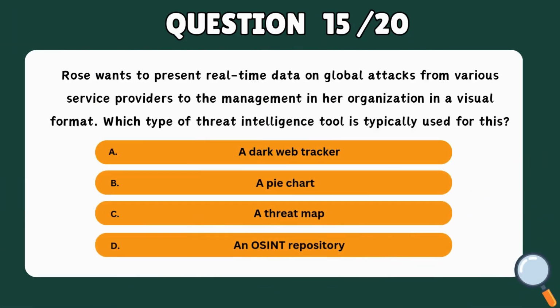Question 15. Rose wants to present real-time data on global attacks from various service providers to the management in her organization in a visual format. Which type of threat intelligence tool is typically used for this? A. A dark web tracker. B. A pie chart. C. A threat map. D. An OSINT repository.